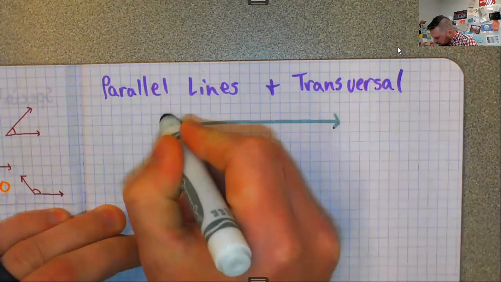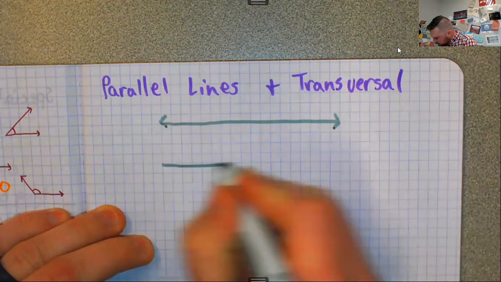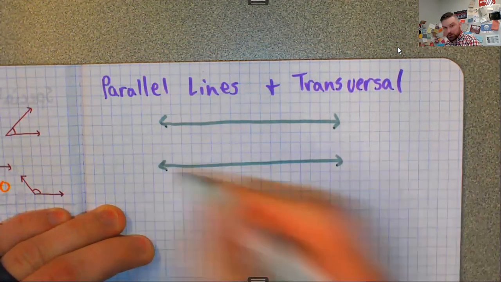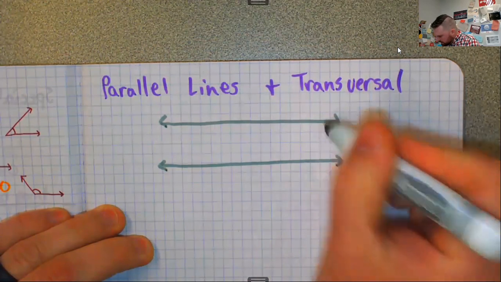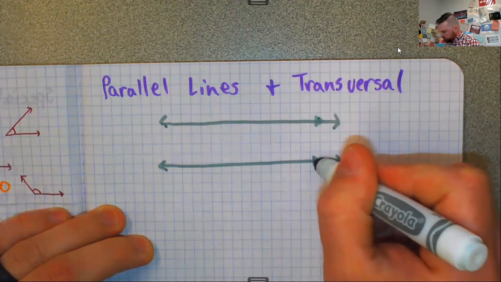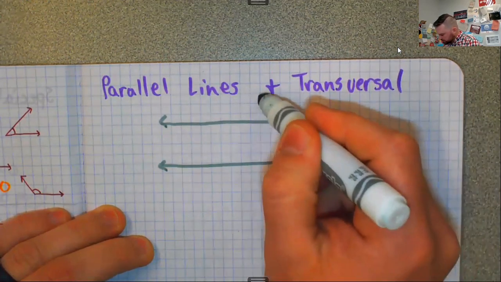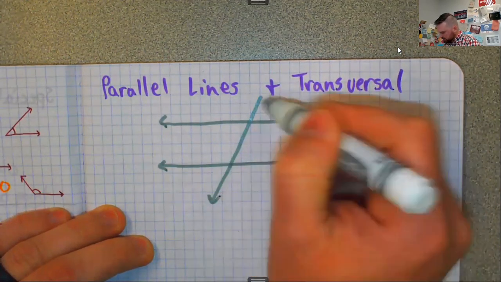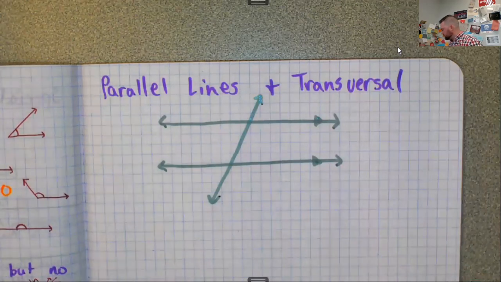So that line, and let's say this line. I need to show that those lines are parallel, so I'll put a little triangle on them. Then I need a transversal. It doesn't matter which direction your transversal goes. I just chose that one.